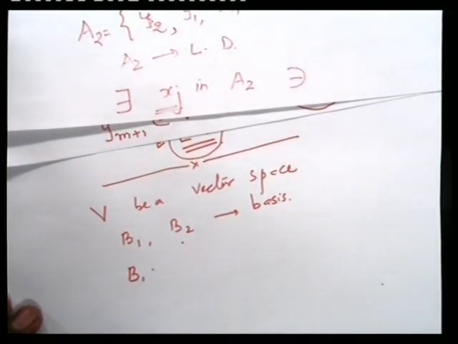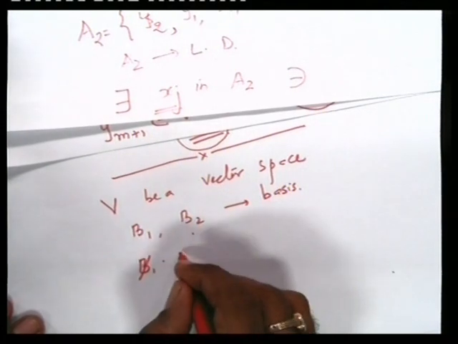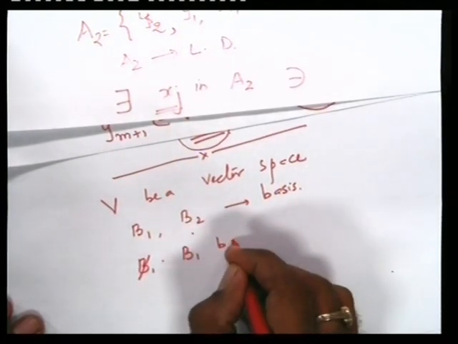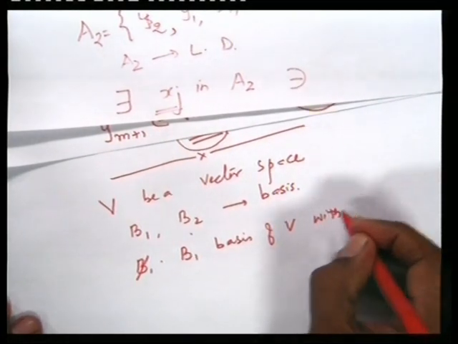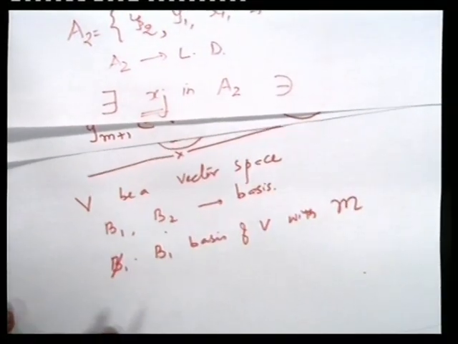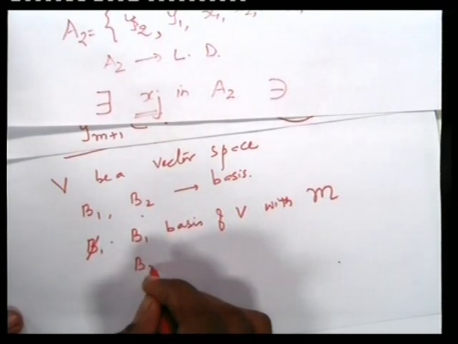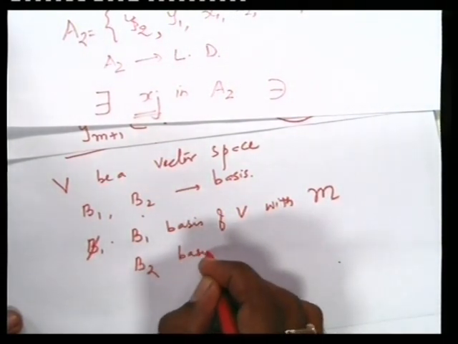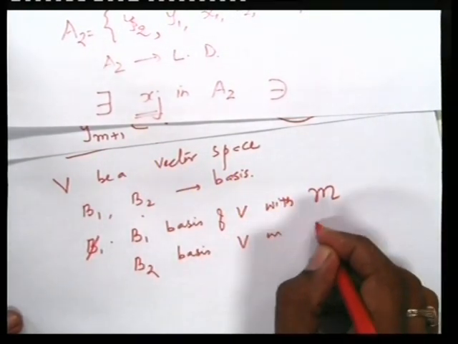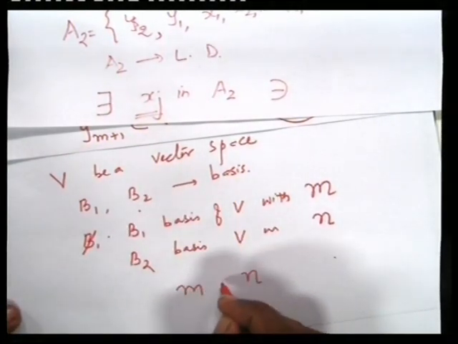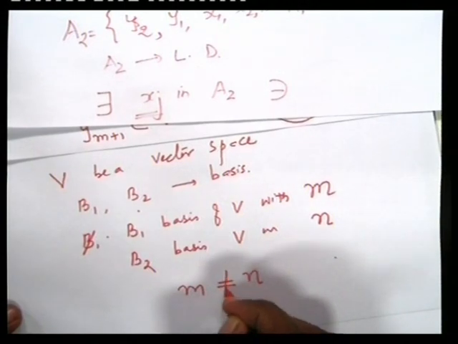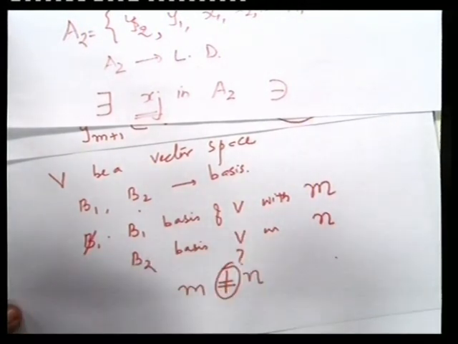Can they have different elements? Let us suppose that B1 is a basis of V with m elements and say B2 is a basis of V with n elements. Then what can we say about m and n, whether they are equal or not equal? That's a question.